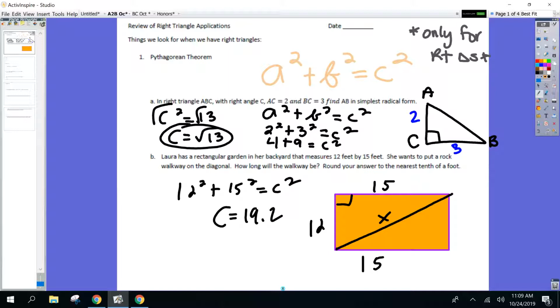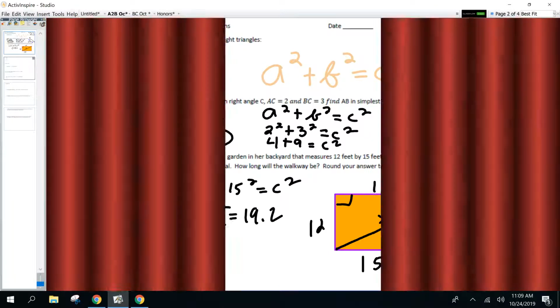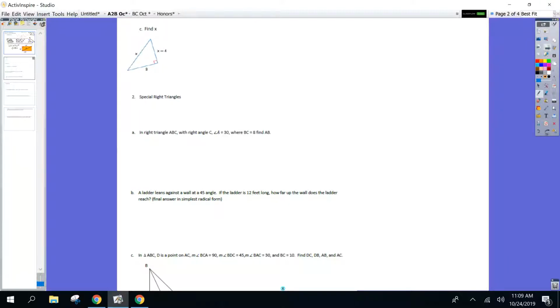One more instance of using Pythag, because we are taking a higher level of algebra right now, so I do want to go over a higher level algebra question using Pythag. Right triangle, what's the length of one leg? X minus 4, so I'm going to write X minus 4 squared. Go ahead, Brett.